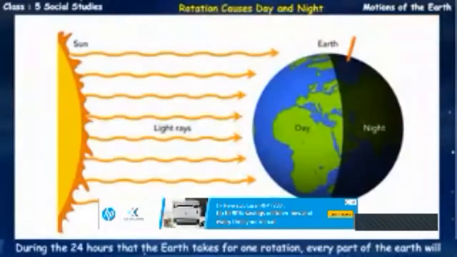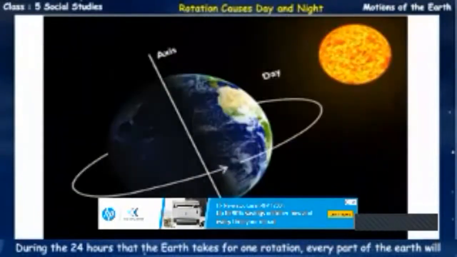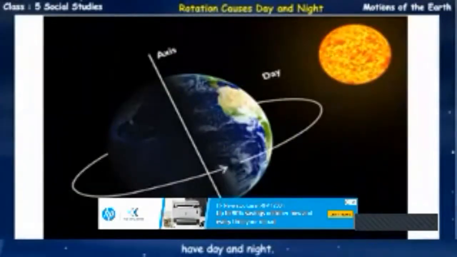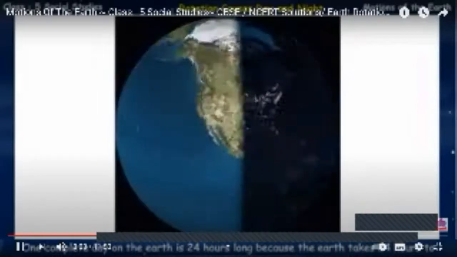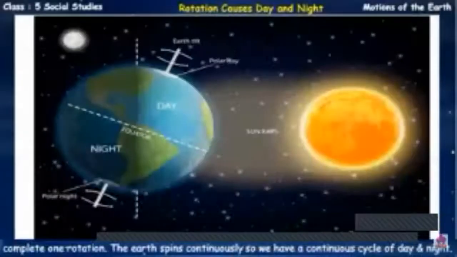During the 24 hours that the Earth takes for one rotation, every part of the Earth will have day and night. One complete day on the Earth is 24 hours long because the Earth takes 24 hours to complete one rotation. The Earth spins continuously, so we have a continuous cycle of day and night.